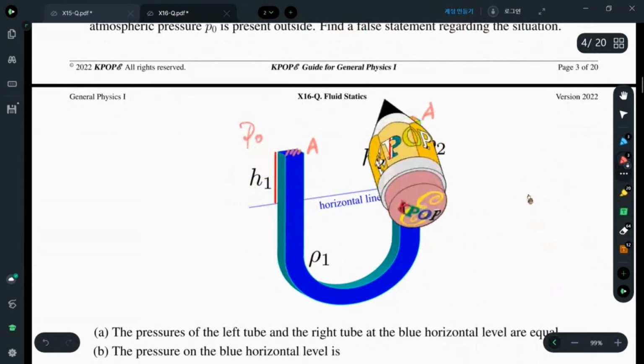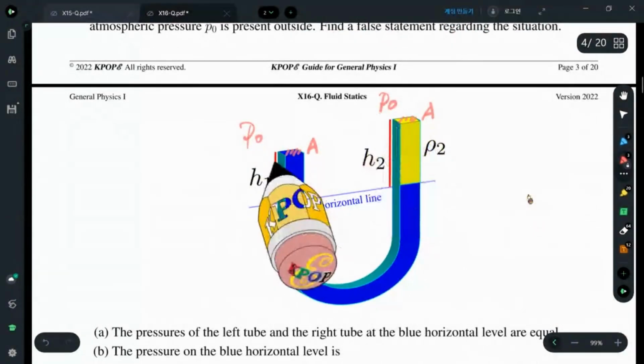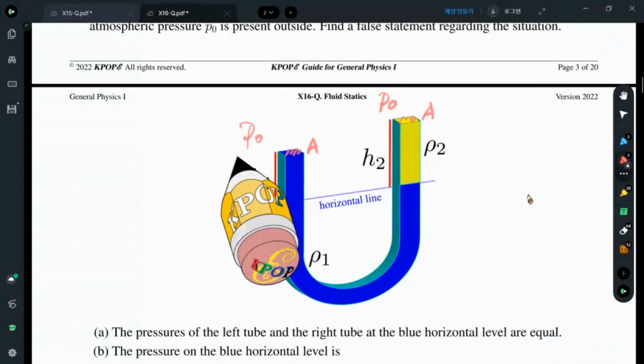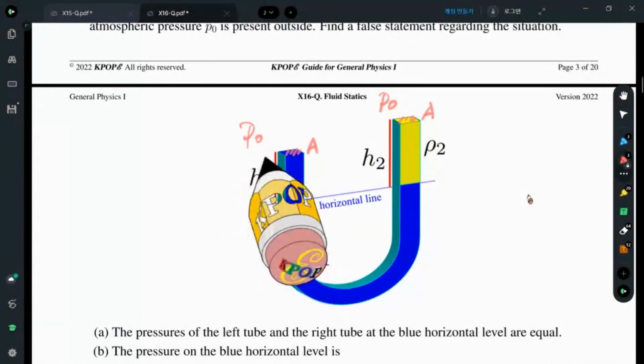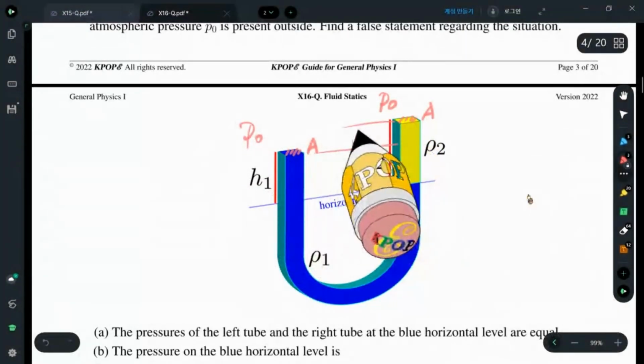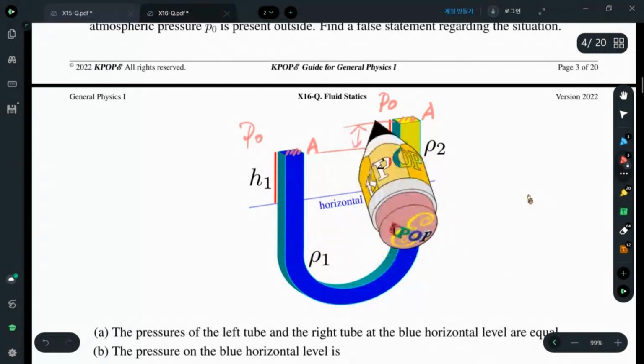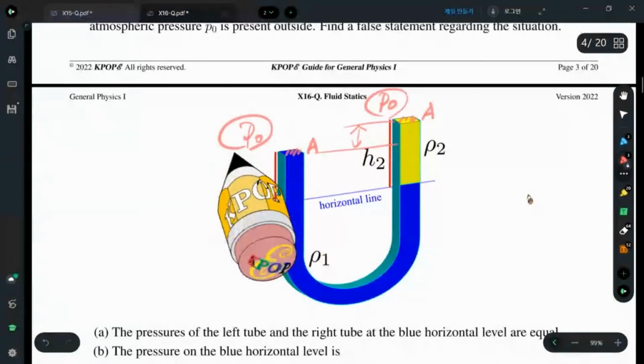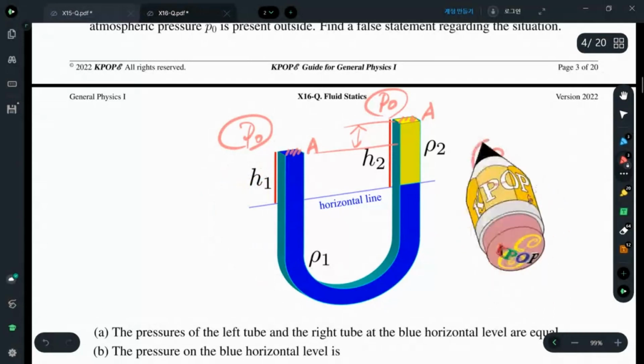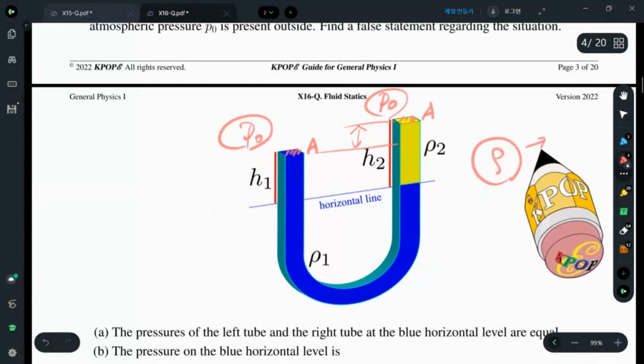And we have an external force applied by the atmospheric pressure. Sure, there should be some difference of pressure due to the air. However, the air density rho is very small.